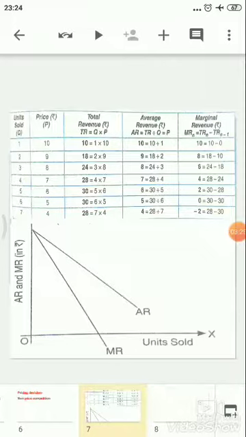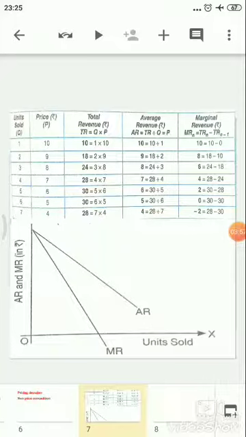Now you see the relationship between AR and MR. Now AR and MR both are falling, but you can see that AR is always more than the marginal revenue. When AR is 10, MR is 10, both will start from the same point, right? You can see here from the diagram also, you can see that both the AR and the MR curves, they are starting from the same point.